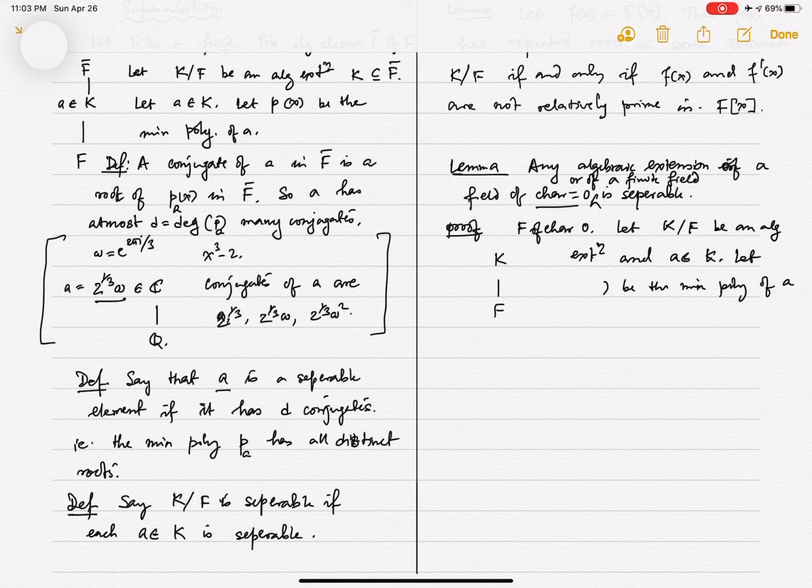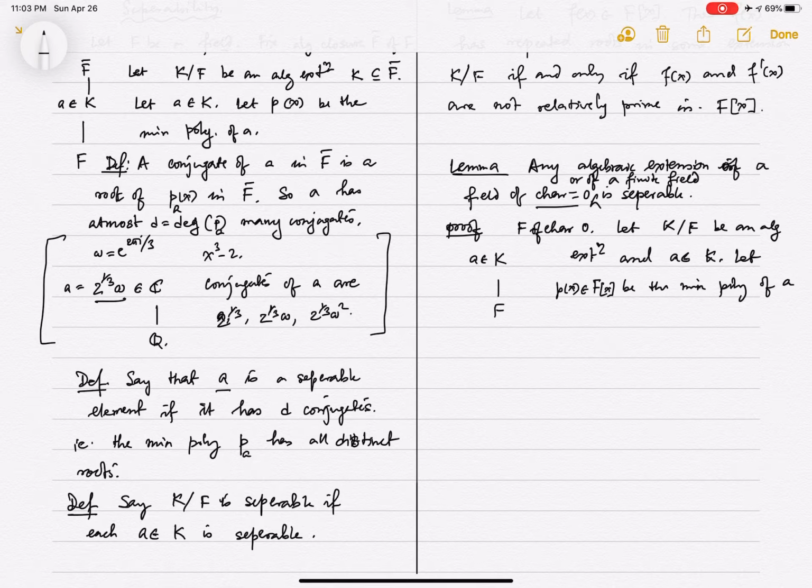So this is a polynomial in F[x]. It's the least degree polynomial that A satisfies. Then we know that this is an irreducible polynomial. Then P(x) is irreducible. So in particular, it's not a constant.